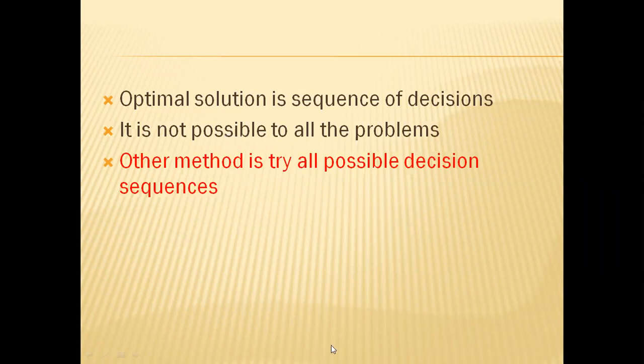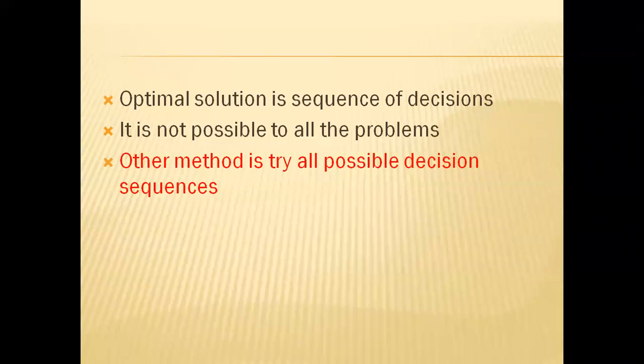In the greedy method, you find only one sequence of decisions. But in dynamic programming, you find all possible decision sequences, not only a single one. Because in the greedy method you find only one sequence of decisions, it cannot give the optimal solution.